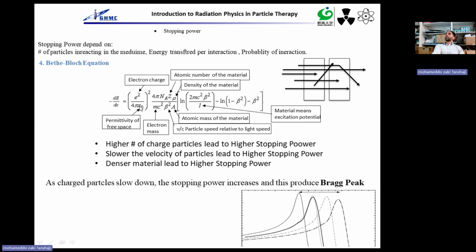So what is happening, and this is our stopping power. Basically, we are saying that a higher number of charged particles leads to higher stopping power. The more charged particles I have, the higher the stopping power will be.